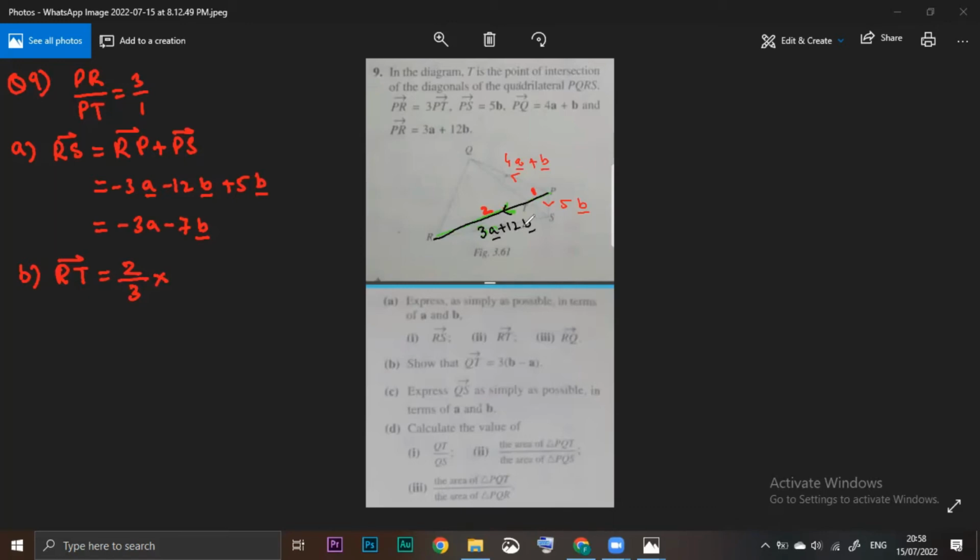But the direction of this vector should be the same as the direction of RT. So here we will use RP as the total vector. RP. Now the expression for RP is minus 3A plus minus 12B.